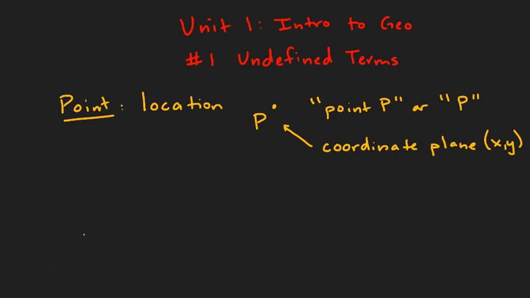The second important undefined term is called a line. A line extends infinitely in two directions.